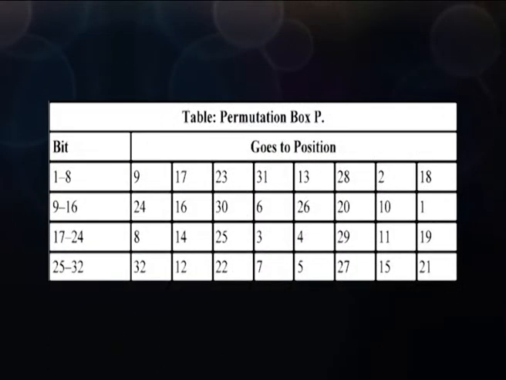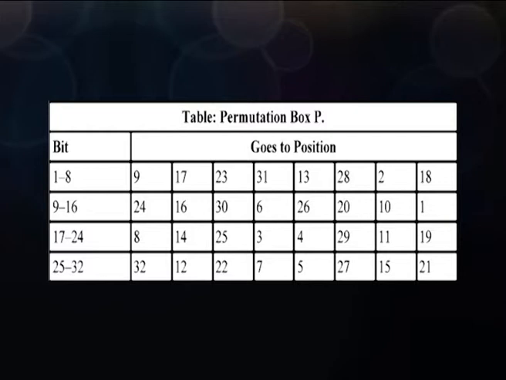After an S box substitution, all 32 bits of the result are permuted by a straight permutation box P. The table shows the position to which bits are moved. 8 bits are shown on each row.